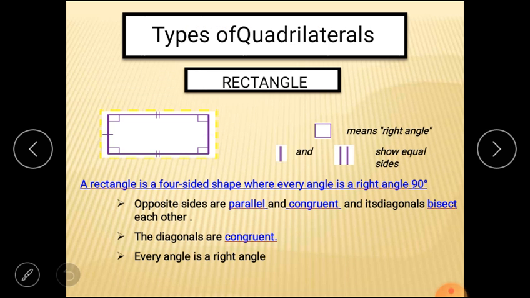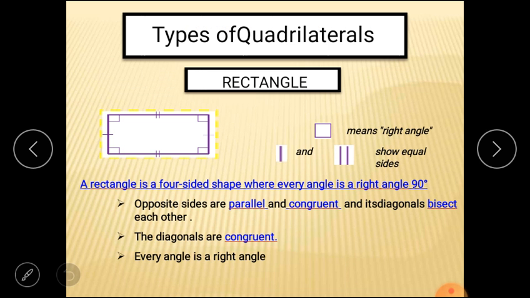Next, a rectangle is a 4-sided shape where each angle is a right angle. Right angle means how many degrees? 90 degrees. Next we will see the properties. Already I told you opposite sides are parallel and congruent. Congruent means they are identical to each other.